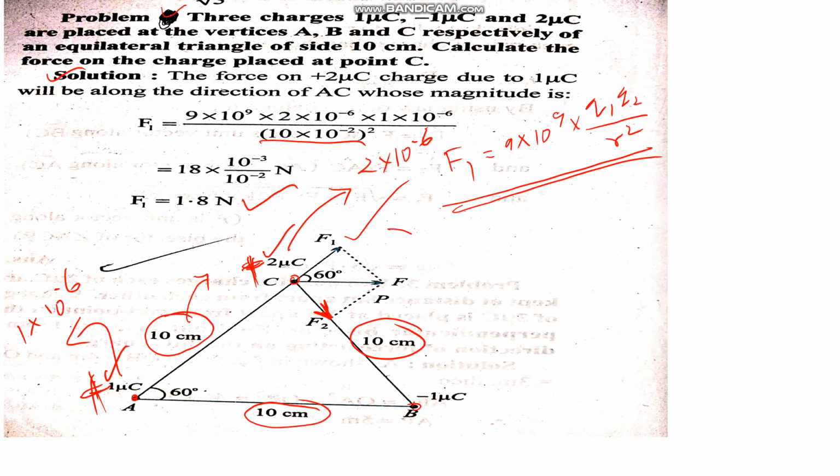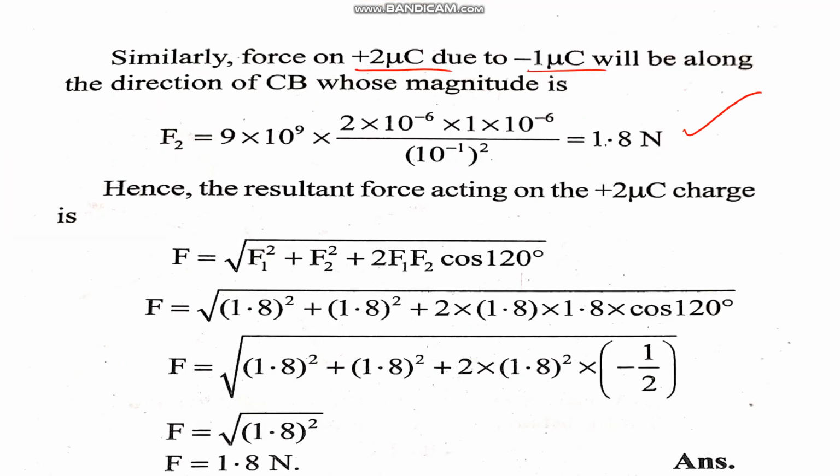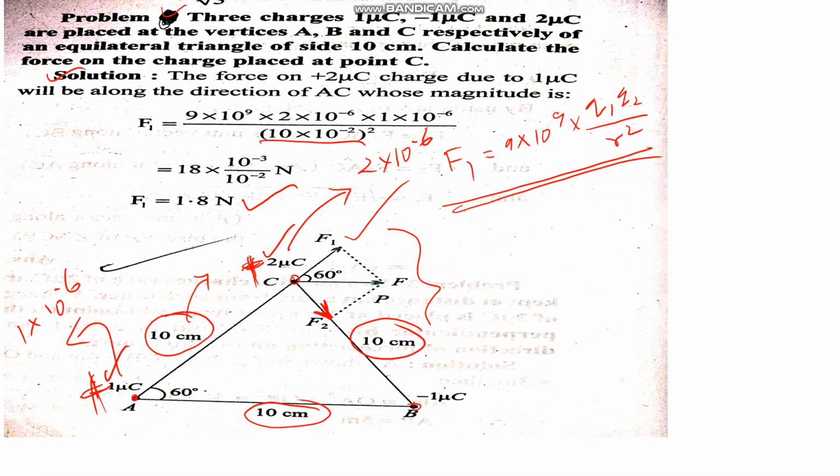Now for the resultant force, we have to apply the law of parallelogram, in which the resultant force can be found by the formula F is equal to the square root of F1 square plus F2 square plus 2 F1 F2 cos theta. Here theta is 120 degree. How? See, this angle and this angle are the same, so these are 60 degree.